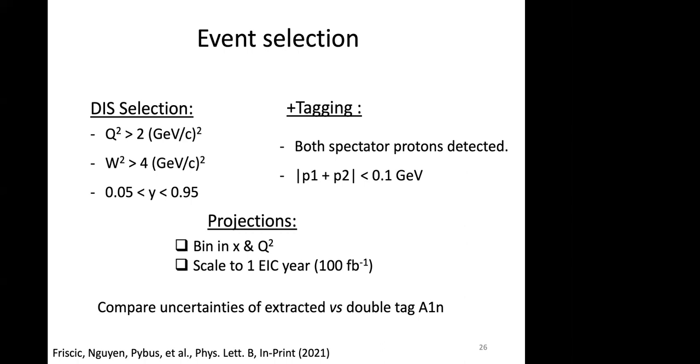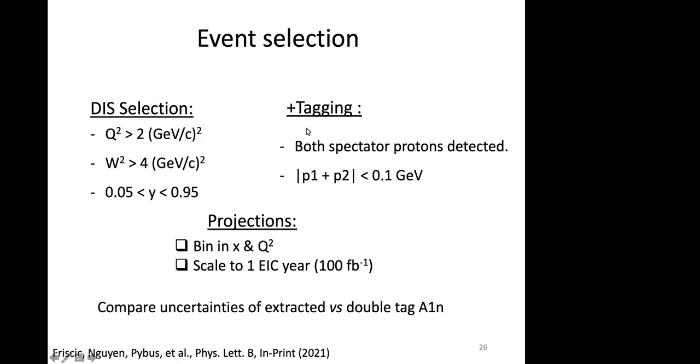In parallel, we select the second event sample, the double tagging sample. In addition to the DIS cuts, we require that both spectator protons are detected and that the total momentum of the two spectator protons is less than 100 MeV.